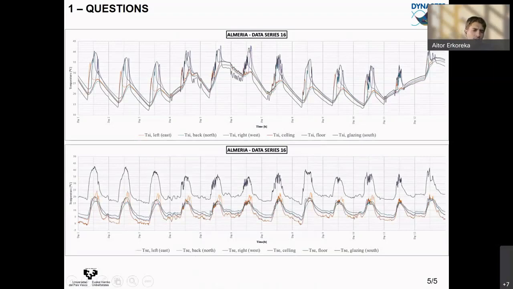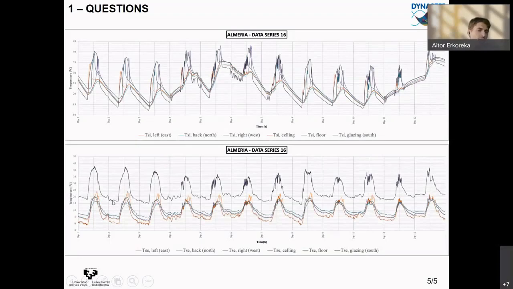These are the surface temperatures of the box on the external surface. We have the east, west, bottom, top, and north faces. When solar radiation strikes in the afternoon, we have a peak in temperature in the west surface, and in the east surface you have this small peak in the morning.